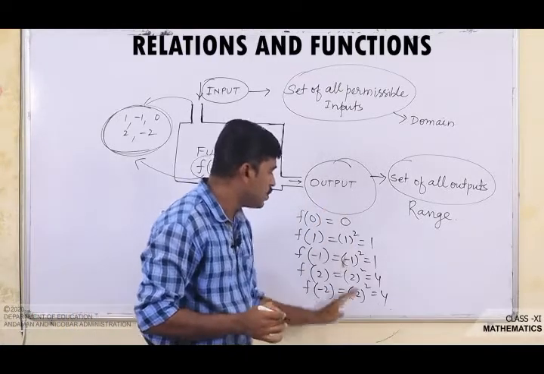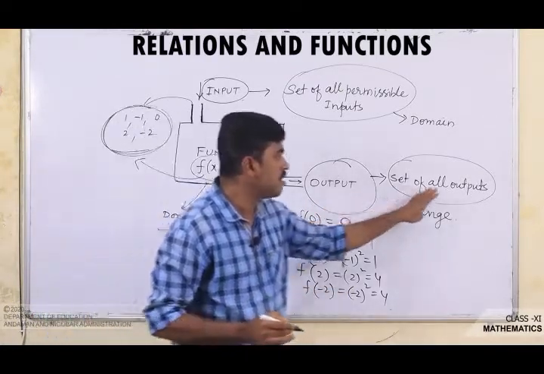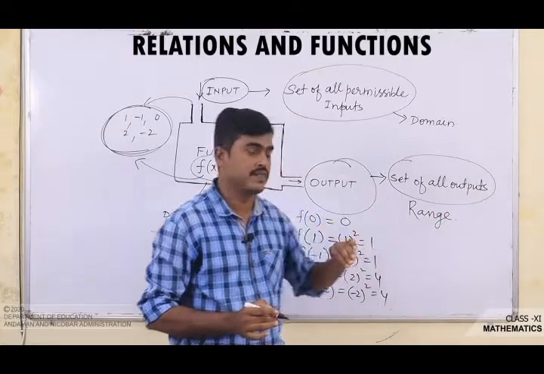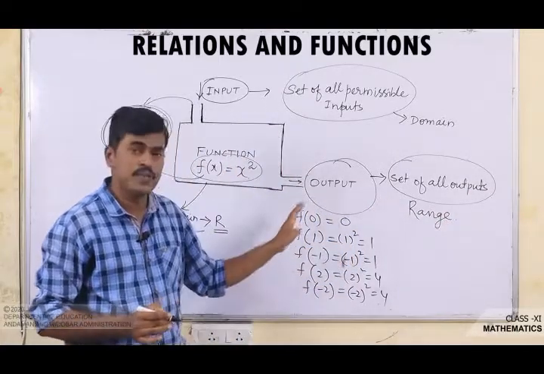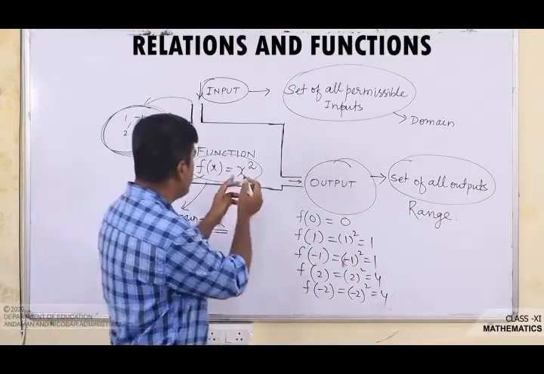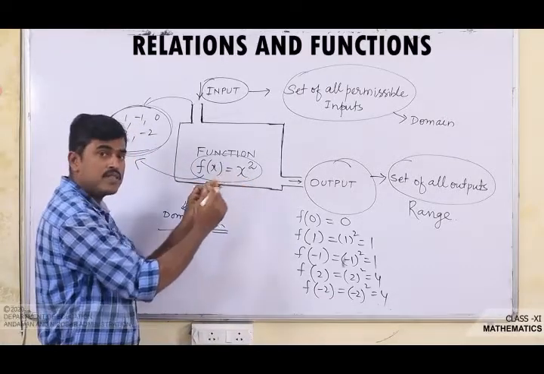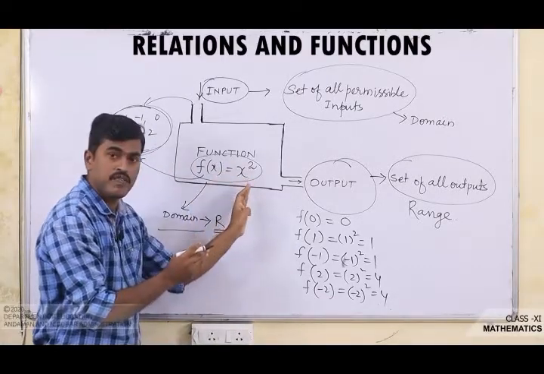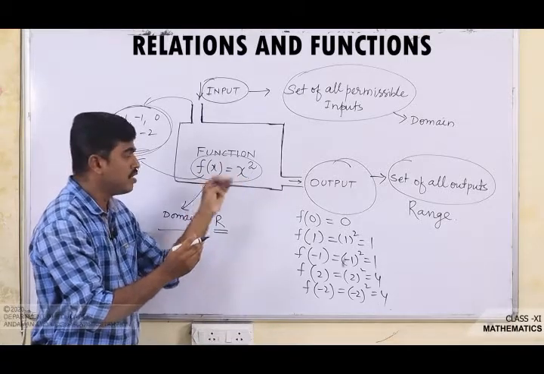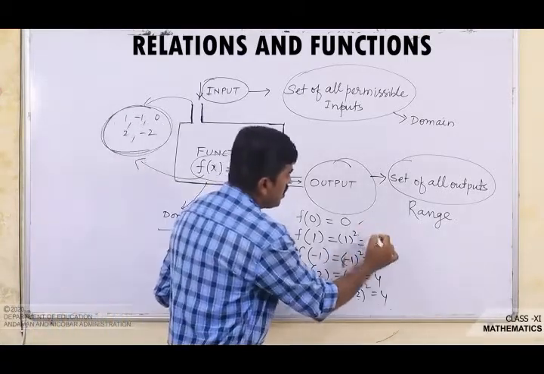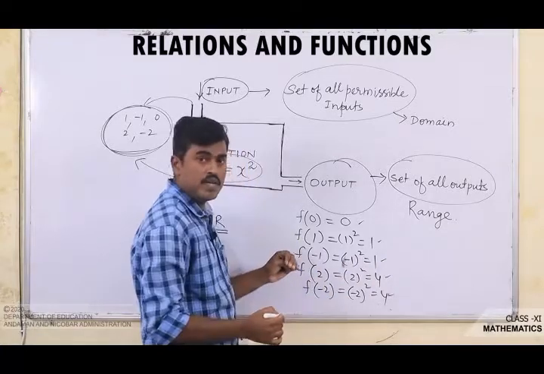Now what about the outputs? The set of all outputs is called the range. We know that the square of a real number is always non-negative. You see here, there is no negative output.